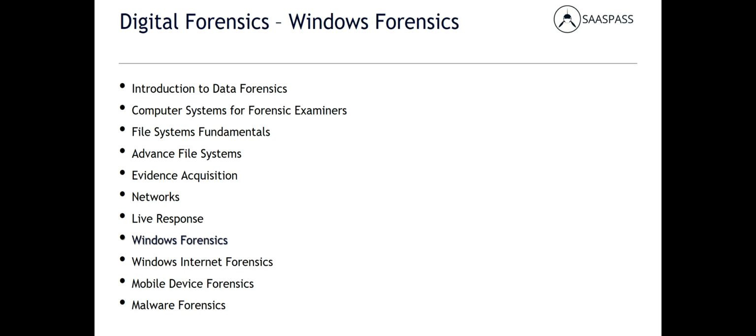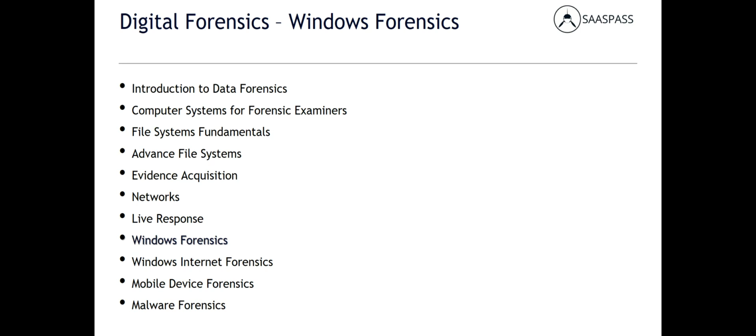Previously, we have introduced data forensics, we have introduced tools, we mentioned file systems, we explained how to collect evidence, we also mentioned how to respond to live events, and also we mentioned computer networks in short.